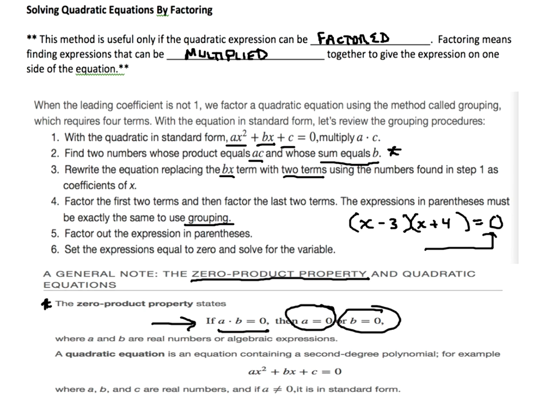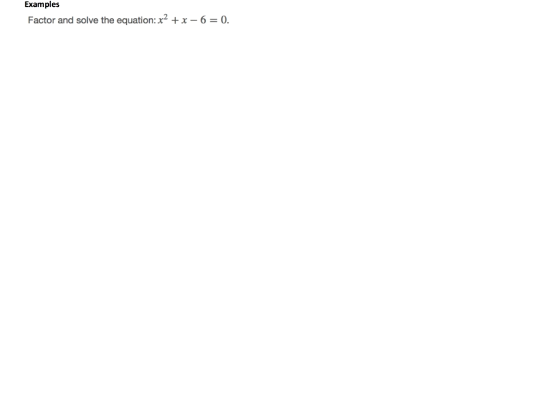So what this allows me to do when I have things multiplied together to equal 0 is say, well, if that's true, then one of these things or both had to equal 0 themselves. Then you've just got little linear equations to solve at that point to actually solve for the variable. So I'm going to walk you through these steps through our examples here, but that's just an overview of how you solve with this particular type of factoring method.